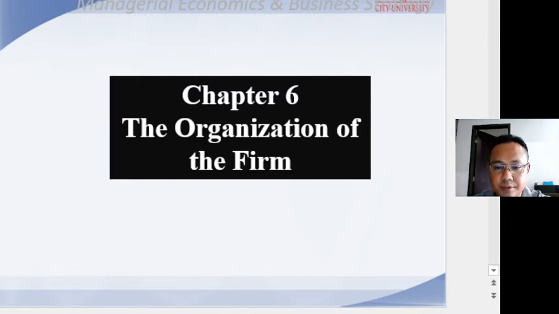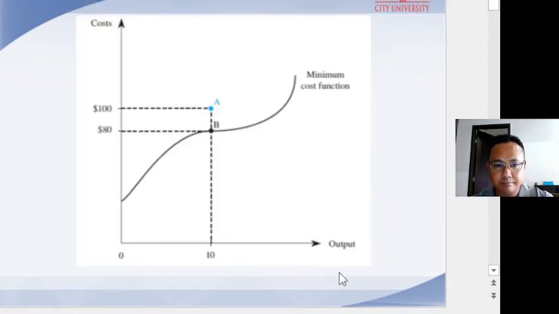As you can see from this graph, it illustrates why it is important to resolve these two questions. The cost function defines the minimum possible cost of producing each level of output.